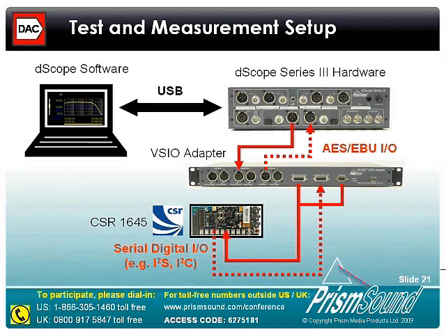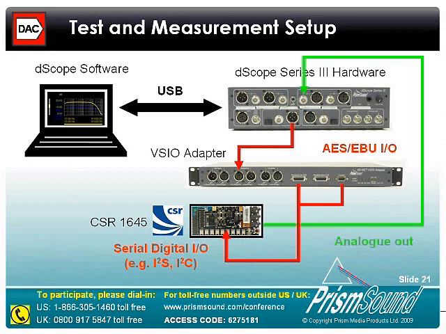This VSIO adapter is a bidirectional device, so it will convert to and from serial digital formats, allowing us to generate and analyse serial digital data. But for today's session, I'm just going to look at a D2A measurement, and therefore we'll just be using the generate direction. I'll then take the analog output from the headphone jack on my development board once again, and I should have shown that as a stereo measurement.